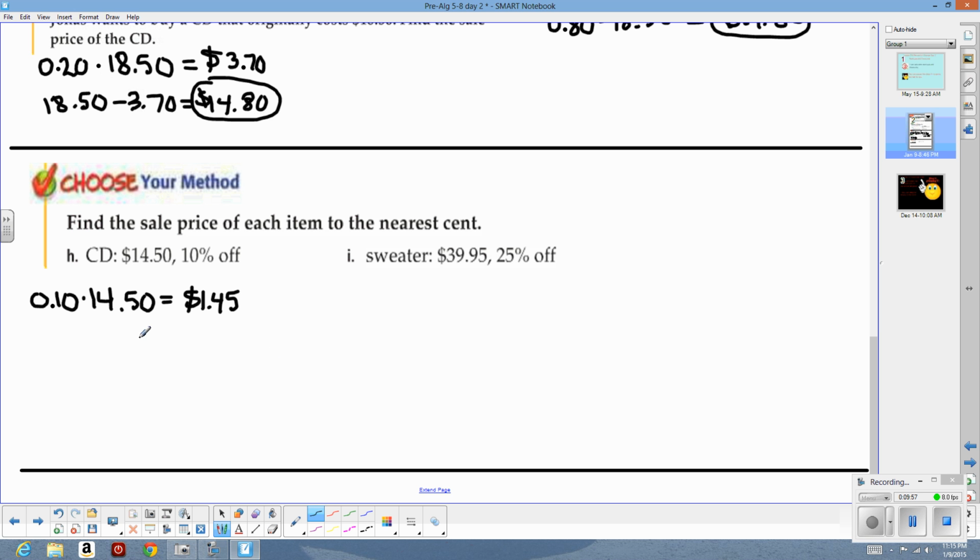Now, if he's going to save $1.45, that means to find the selling price, it's going to be $14.50 minus $1.45. $14.50 minus $1.45. That's going to equal $13.05.